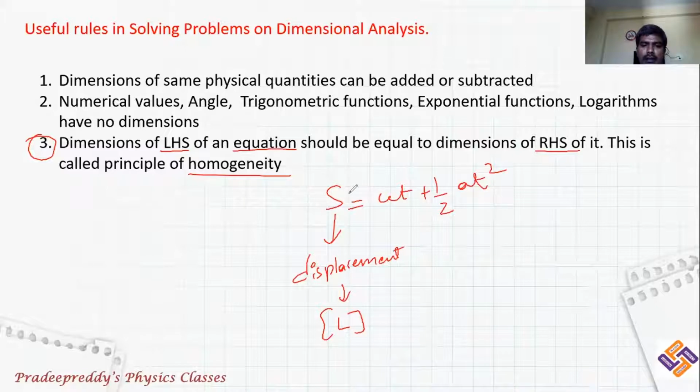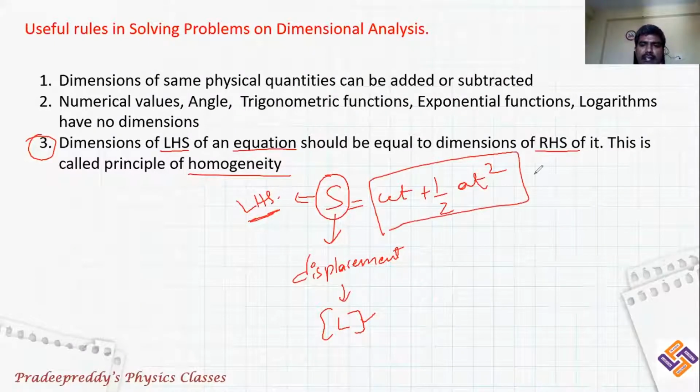Left hand side of the equation, this is LHS, has dimension of length. And this total part is the right hand side. If you are figuring out dimensions on the right hand side, definitely it should be equal to length dimensions.